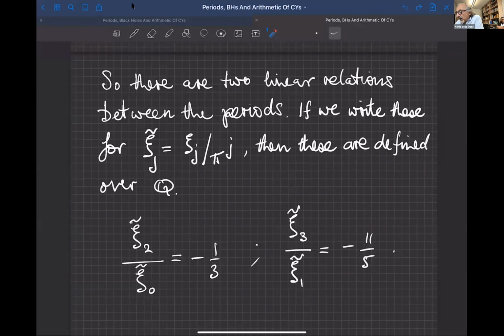Of course, if you think about this, you have a differential equation, you fix a boundary condition at 0, you integrate it to -1/7. There's no reason to believe that the periods evaluated at -1/7 bear any relation to each other that's easy to describe, and yet you have these two simple rational ratios.